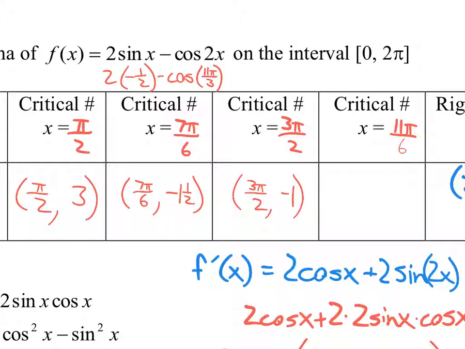It was supposed to be 5. So that's 5 pi over 3. Now we have a negative 1 minus the cosine of 5 pi over 3, which is in the fourth quadrant, so it's minus 1/2, and we get minus 1.5.